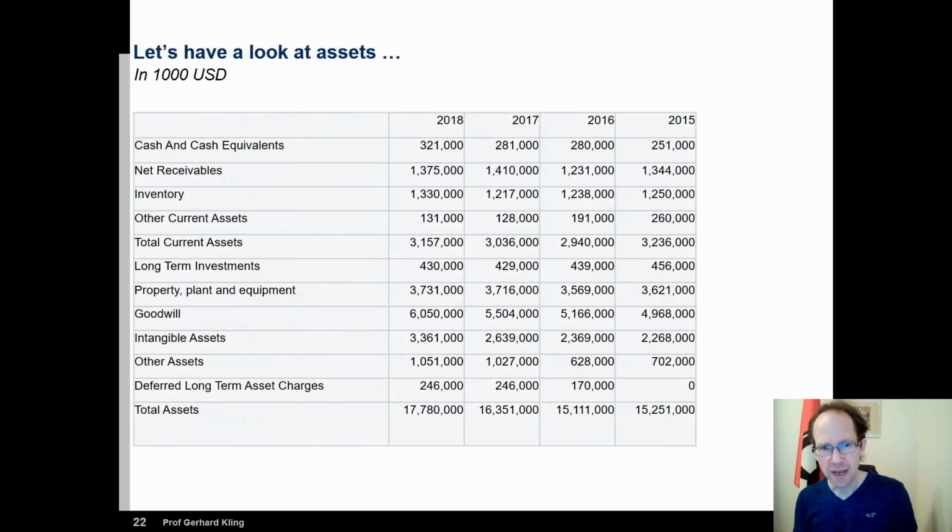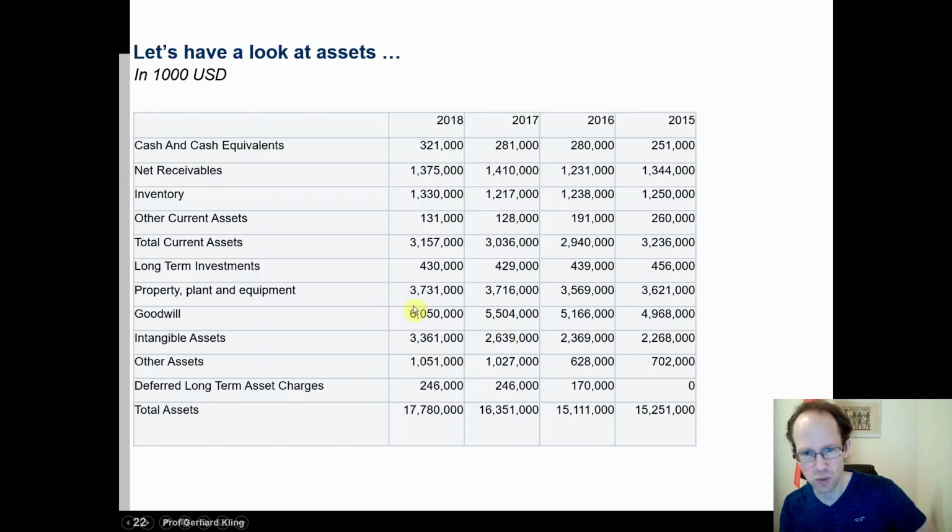Now the asset structure. What we will later do is look at operating assets, split them up, and do lots of adjustments to them. So at the moment we only look at the top level here, and what you can see is quite an expansion of total assets. Now this is interesting to note. One has to look into what is the main driver. You see also an increase in goodwill.